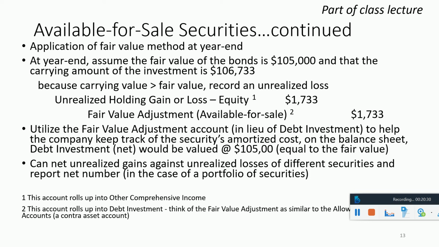It's a contra asset account, and the reason that we want to credit it instead of crediting our debt investment directly is because we want to be able to see what the historical carrying amount of the debt investment was and what fair value adjustments we have made. Now, it is possible to net any unrealized gains against unrealized losses of different securities and report a net number if you happen to have a portfolio of securities.